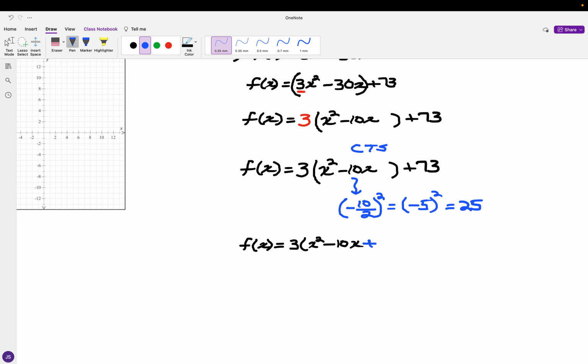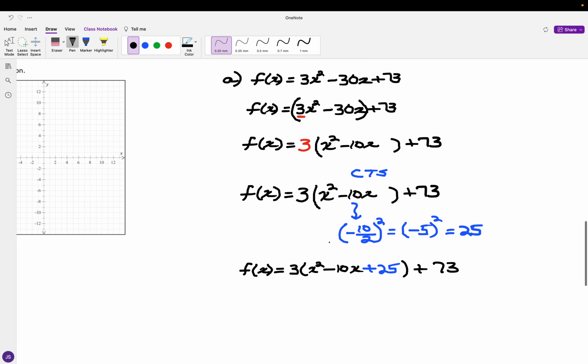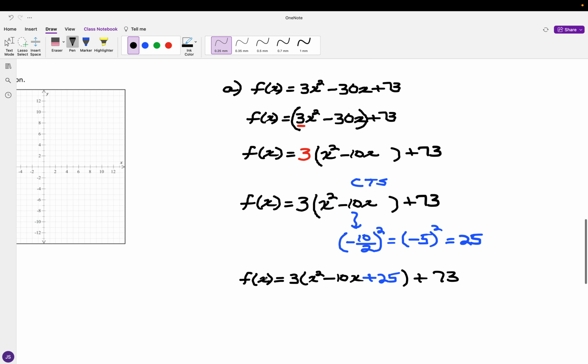Okay, we have followed by the addition of 25, I got plus 73. Now I want to have things balanced out where I could, in a sense, reverse engineer what I have here back to what we had with the original standard form.